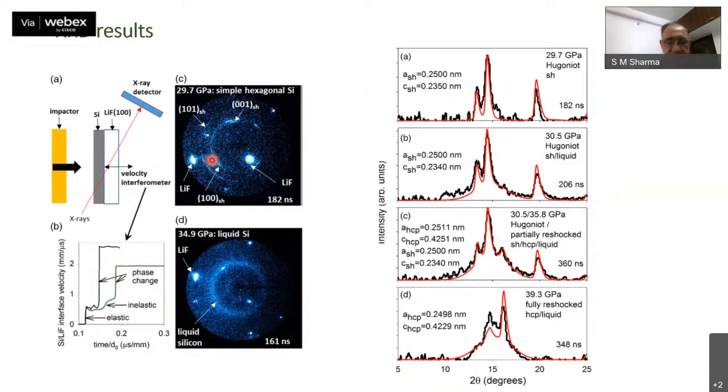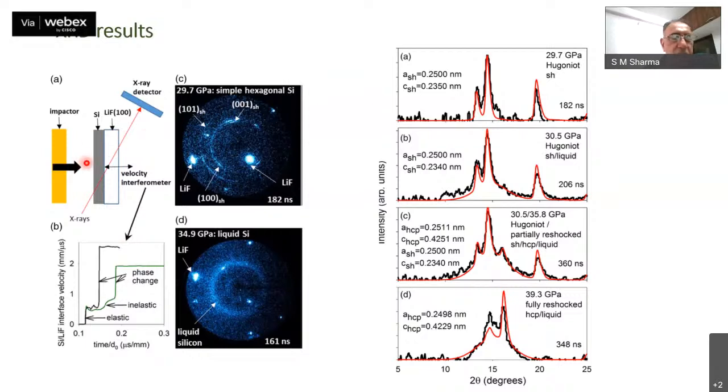But in shock compression, if you go straight to the stability field of another phase, the question arises, will it transform, will it not? And here is an interesting result, where the cubic phase transforms to the primitive hexagonal phase very rapidly. And then, of course, beyond this, it melts. What was interesting was the experiment was so designed.